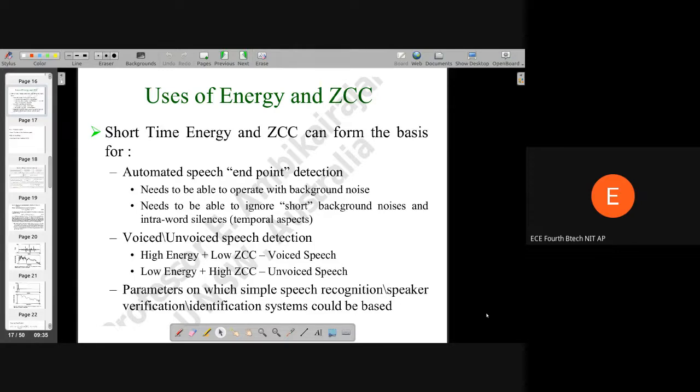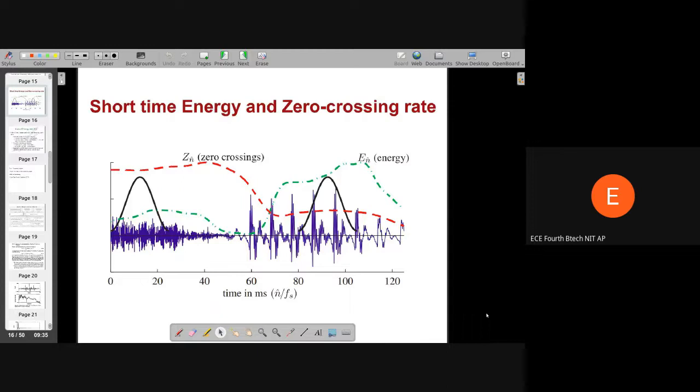In energy, if you see any particular speech signal, the silence will have almost nil energy. The unvoiced will have more than that, and obviously the voiced regions, which are periodic in structure, will have more energy.